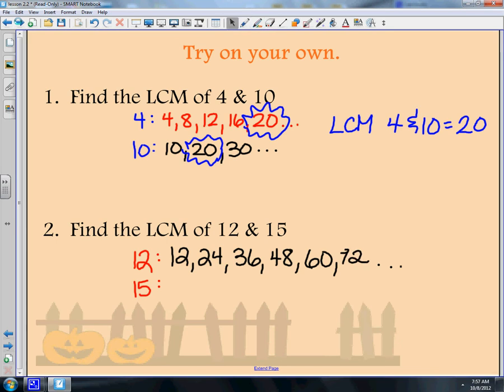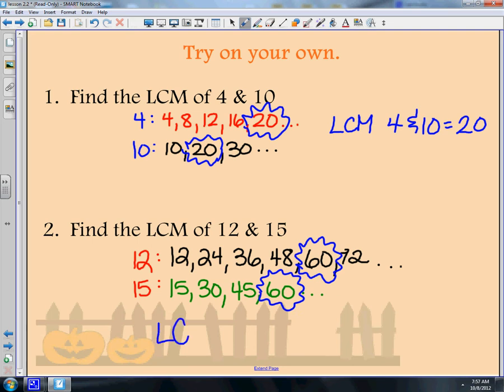Now try 15. So I have 15, 30, 45, 60. So I see that they both have a 60. So my LCM of 12 and 15 is 60. LCM of 12 and 15 equals 60.